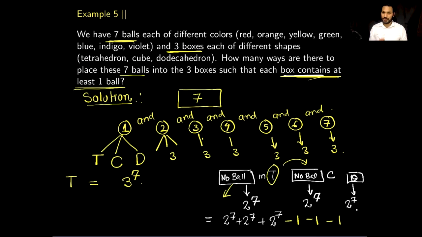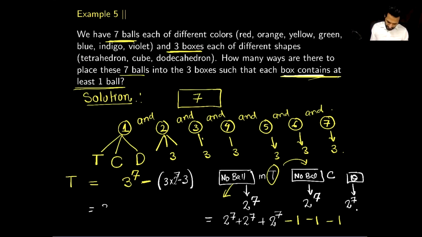So now this is the total number of possibilities where we place no ball in A or in C or in D. If I remove these possibilities from the total number of possibilities without a restriction, this gives me the total number of possibilities I can place the seven balls into three boxes, and each box will contain at least one ball.